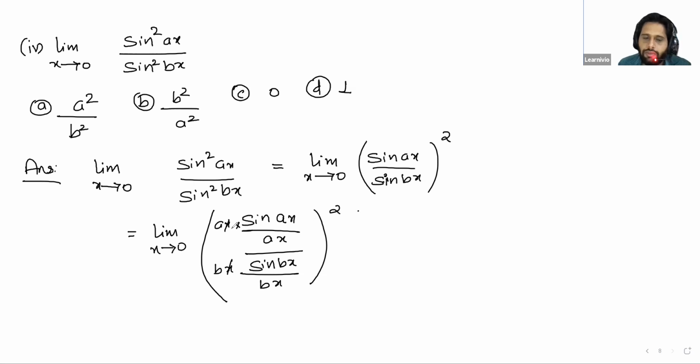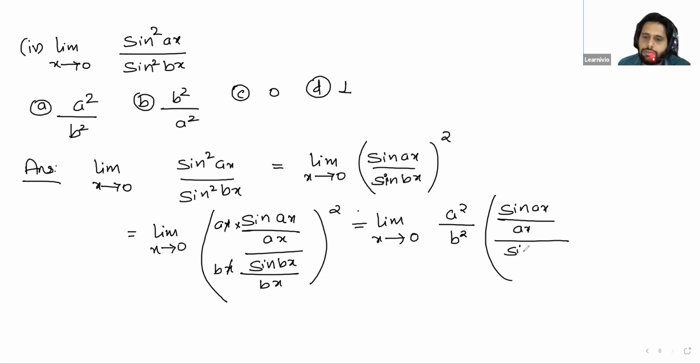Okay, so when a by b will go outside of this square, then you will get limit x tends to 0, and this will give you a square by b square, this sine ax by ax, sine bx by bx.